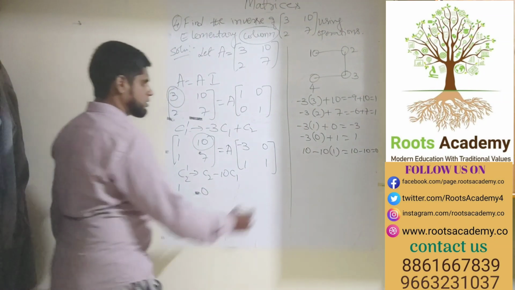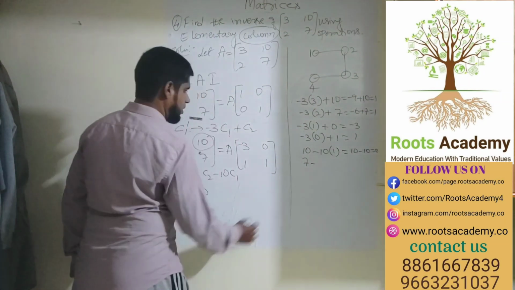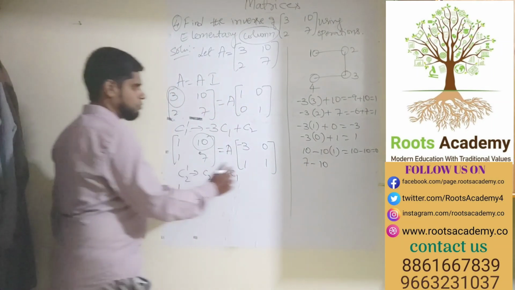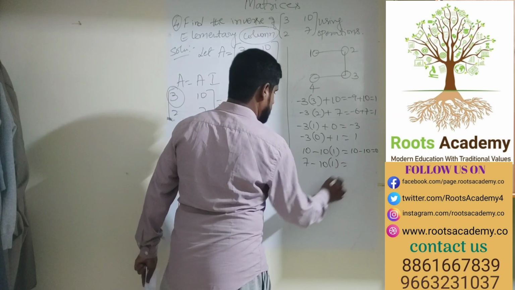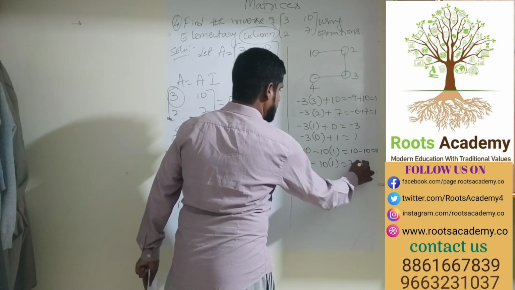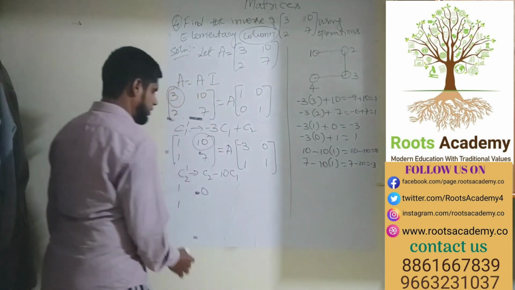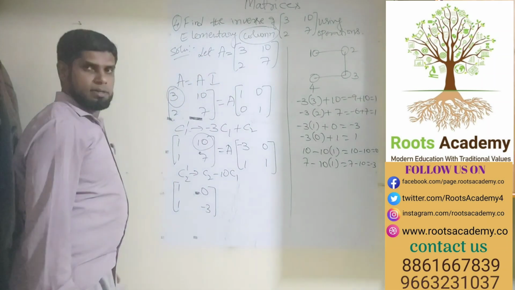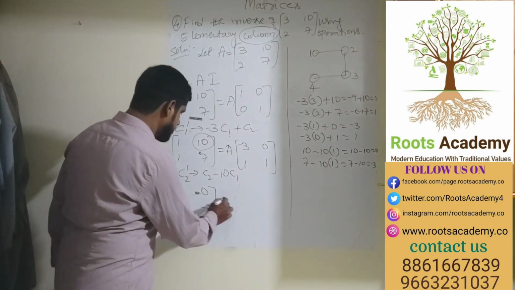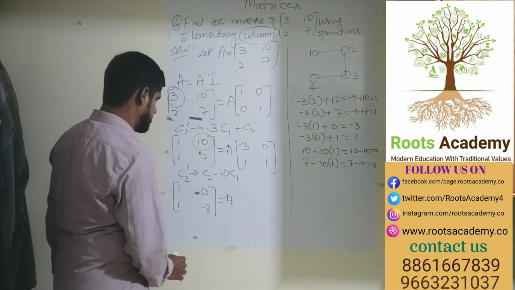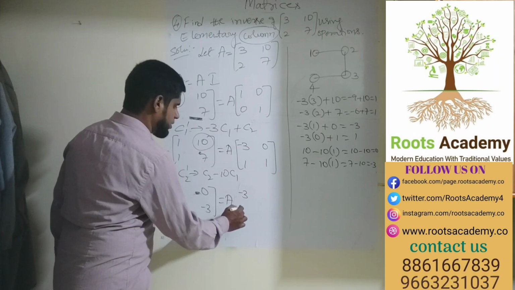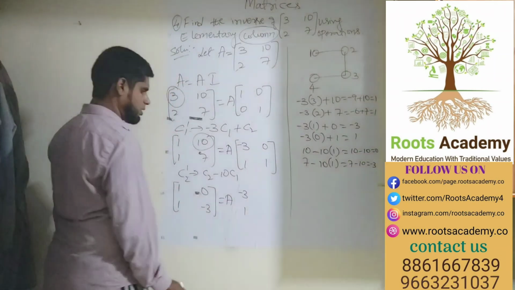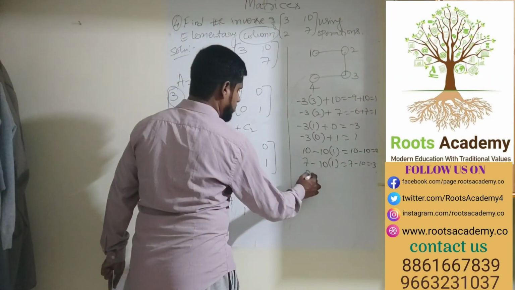So next is C2 is 7 minus 10. Corresponding to this 7, C1 is 1. So this is 7 minus 10, it's minus 3. Okay. The next, as it is, first column as it is, minus 3, 1. Now student, here 0 is there and C2 is 0.